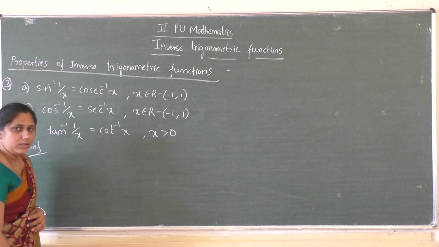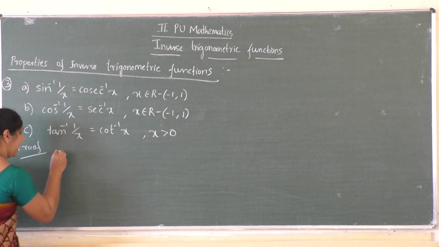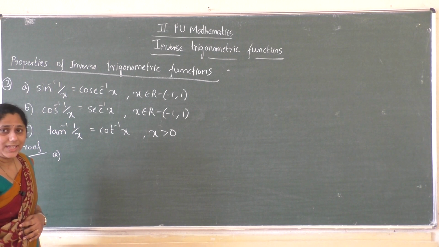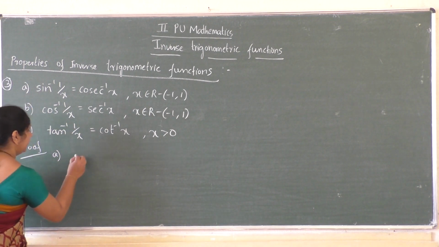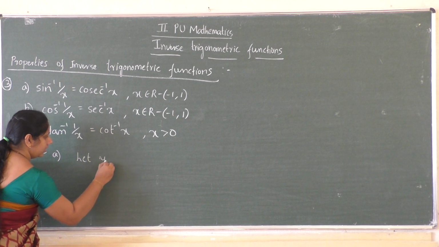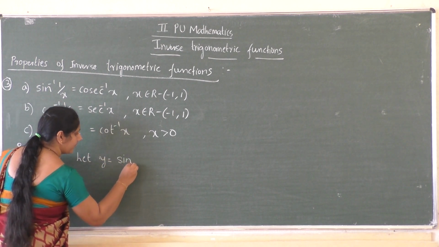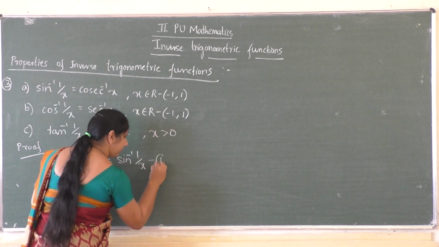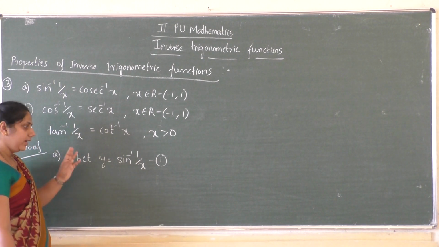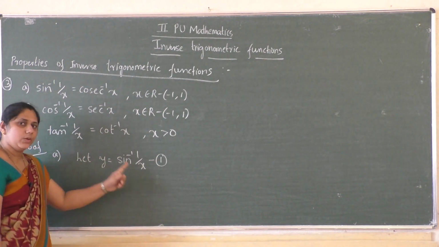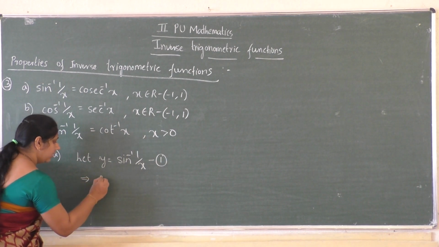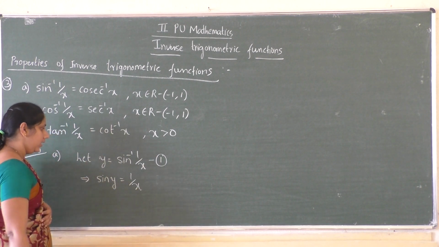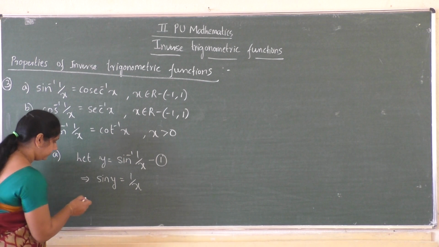Proof. So I will prove the first one, that is A. What we have to prove? Sin inverse 1 by x equal to cosec inverse x. So I will take, let y is equal to sin inverse 1 by x. I will take this as equation 1. Already if y equal to sin inverse theta, then sin y equal to theta. From that we can write this as sin y equal to 1 by x.